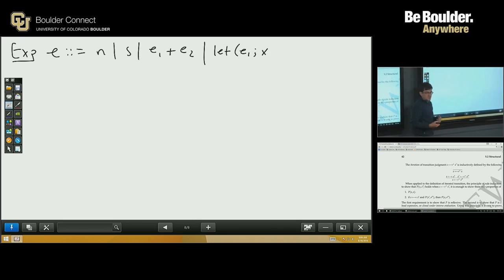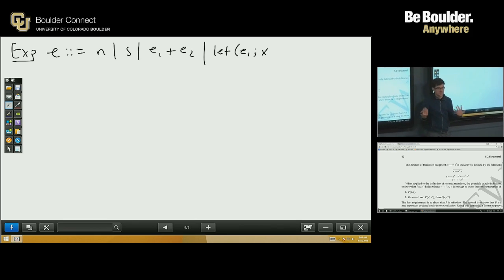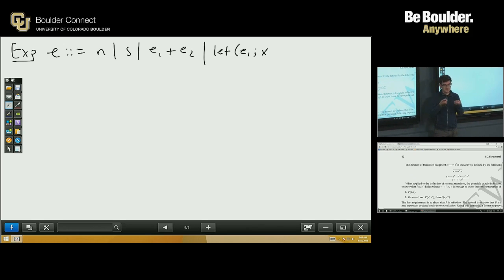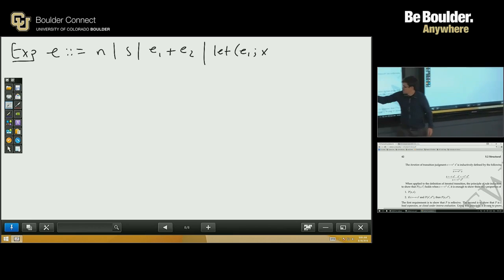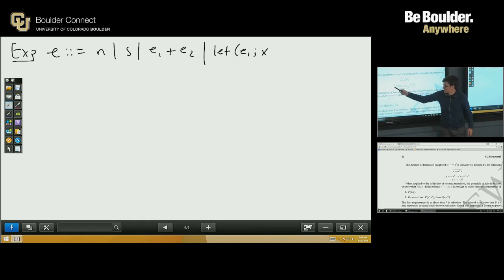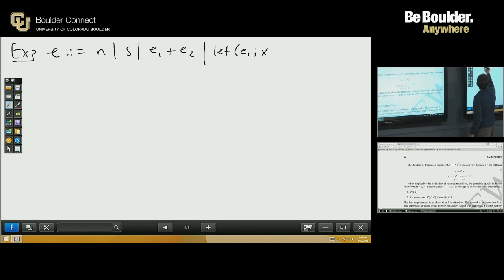We might start with the expression we just typed and try to run it to get some value at the end. By the way, what should the answer be for that program we just looked at? I concatenate two strings of size 1 and then take the length. It should give me the number 2, right? So the point of this transition system is to tell me that that program evaluates to the number 2. What we're going to do in general is define a notion of a single step, an expression becoming another expression, like this.